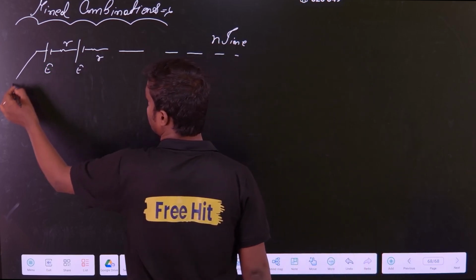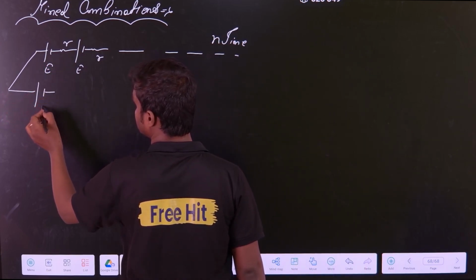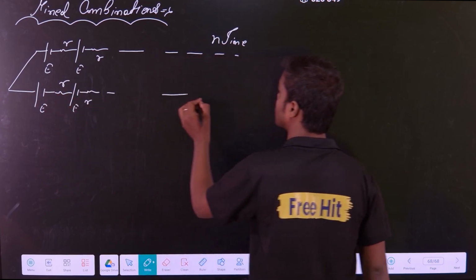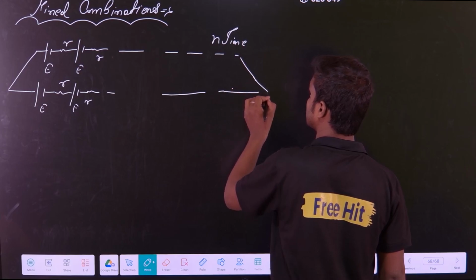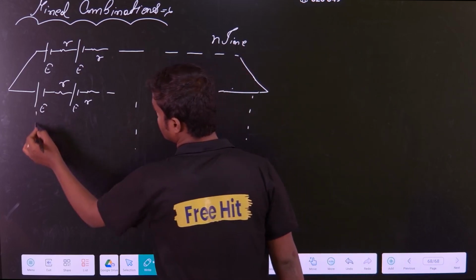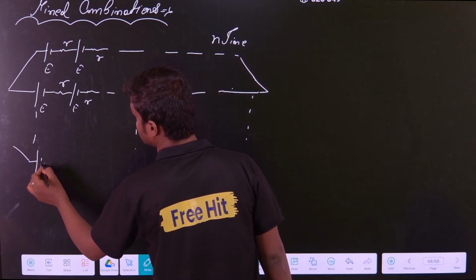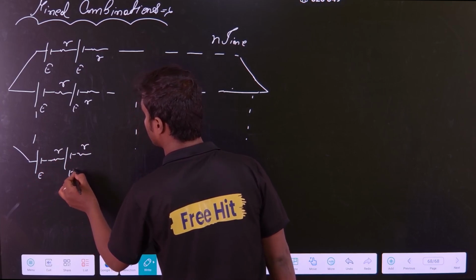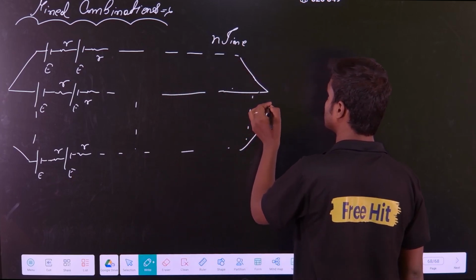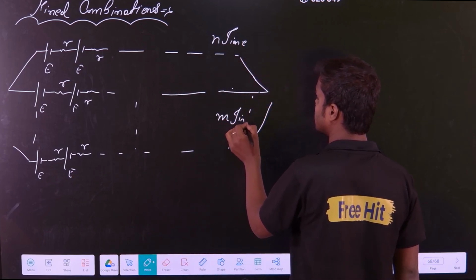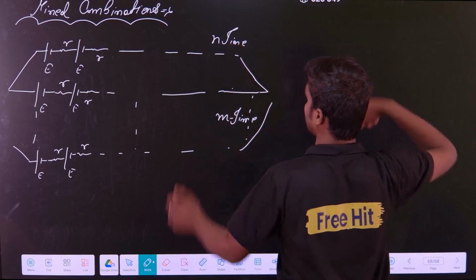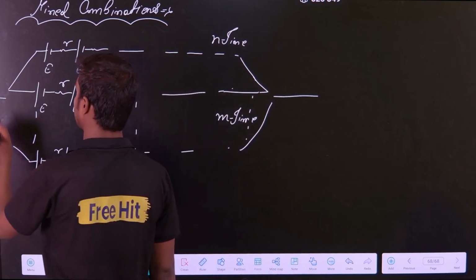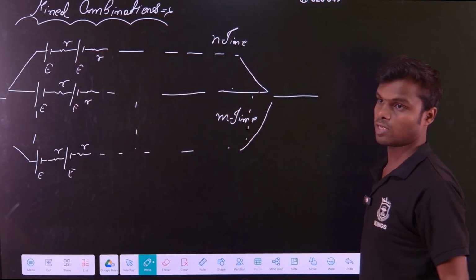Then we have another same thing, EMF E R, EMF E R, like this, connected up to EMF E and R, m times. This is connected n times and this whole thing is repeating m times, correct? Like this. And you want to replace this circuit with one equivalent.